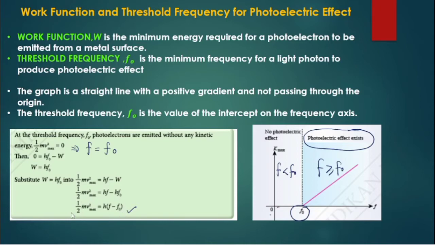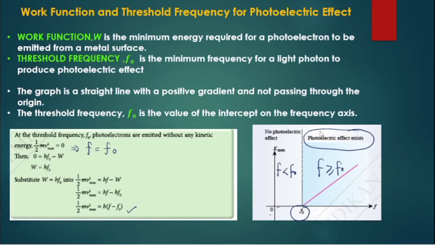So from this general equation, we can say that when f equals to f0, meaning the frequency of light equals to threshold frequency of the metal, this one will become 0, or we can say kinetic maximum equals to 0. That's the reason why here, when frequency equals to f0, the value of K max equals to 0.